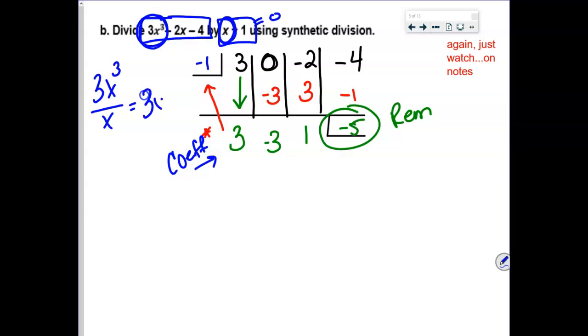Your lead term better be 3x squared or you have messed up. Good news, we have a 3. So this is 3x squared, and then trailing down the line, minus 3x plus 1 is a constant. And then with the remainder of -5, you can say plus -5 over, I'm just going to simplify that to a minus 5 over, who is it still being divided by?